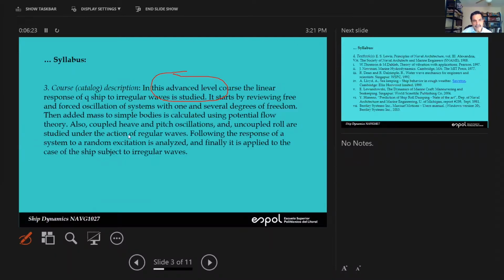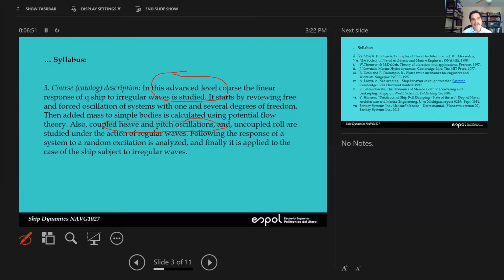And then we go, first, we study the problem of heave and pitch coupled. Heave is a vertical displacement and pitch is a rotation with respect to a transversal axis. That means that if you pitch, the bow goes up and down. Okay, that's what the pitch is.